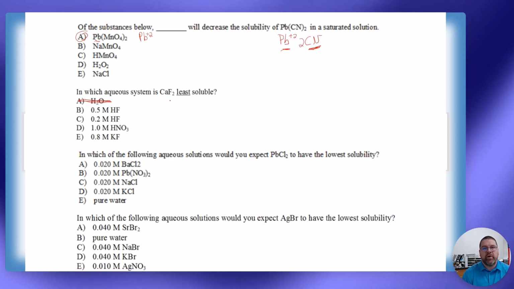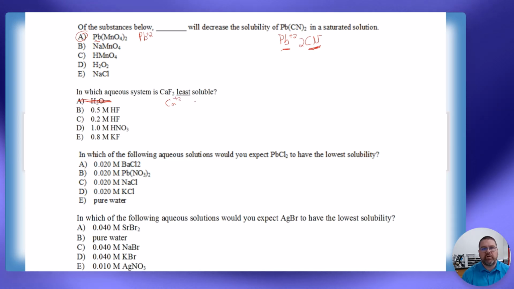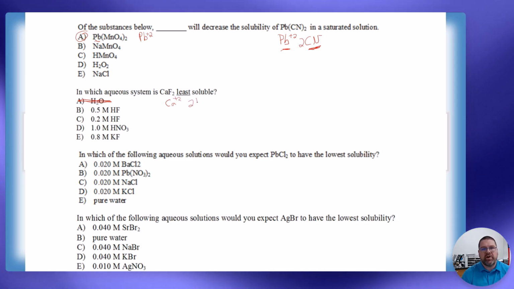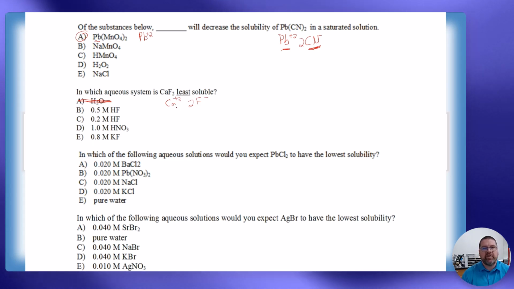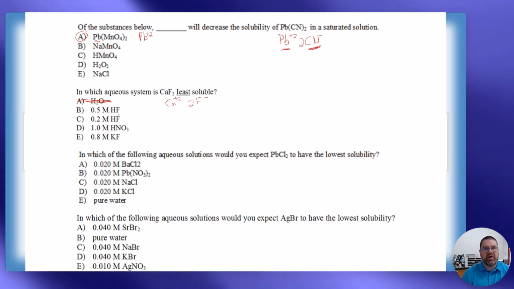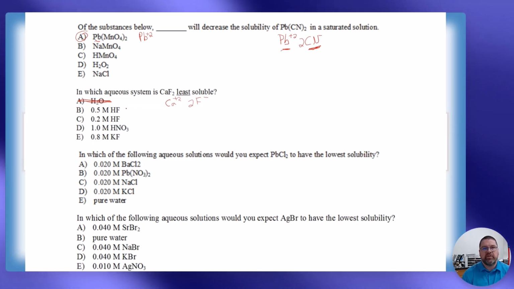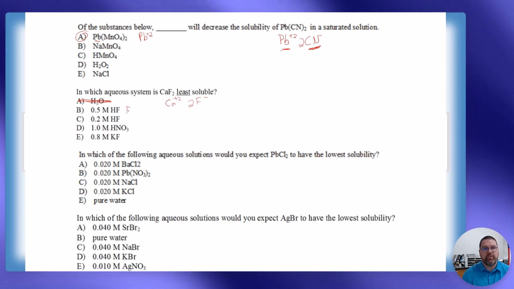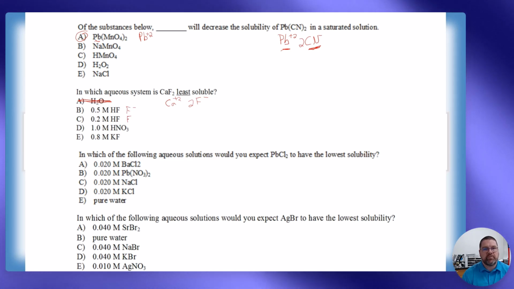Okay, so here we have calcium ions, so Ca+2, and we're going to get 2 fluoride ions. So we're looking to see, are any of these things going to contribute calcium ions or fluoride ions? And so the first one, hydrofluoric acid, it's a weak acid, but it will produce some fluoride ions. So that's a possibility. Okay, again, hydrofluoric acid, so the option C here is another possibility.